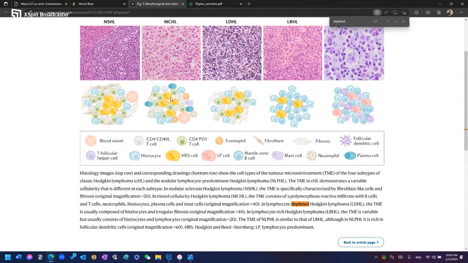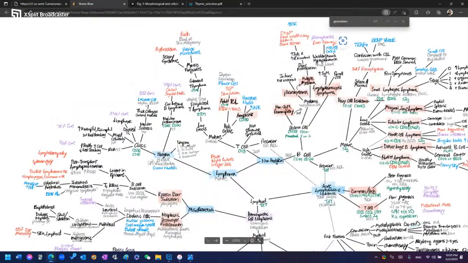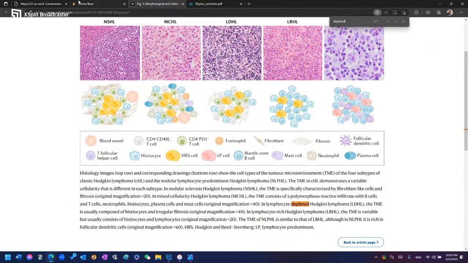So not only do you have a mix in here, but you also don't really have as many B cells anymore. I guess this one you also don't have as many B cells, but you have some fibrosis going on. It's less dense, supposedly. It looks more dense in this photo. I don't know why. It's supposed to be depleted. It doesn't look depleted to me.